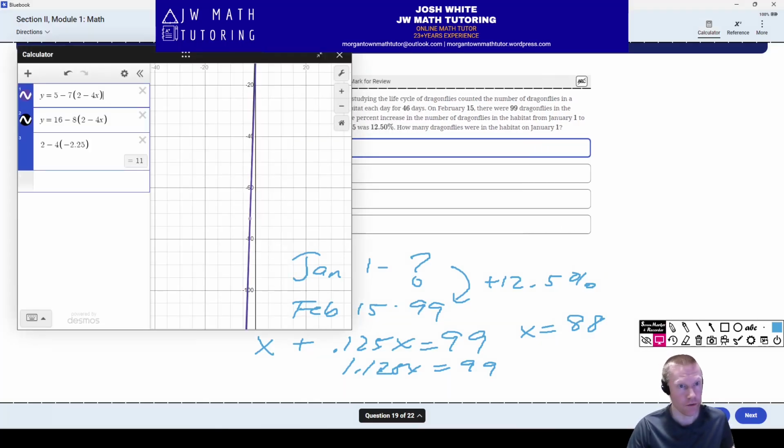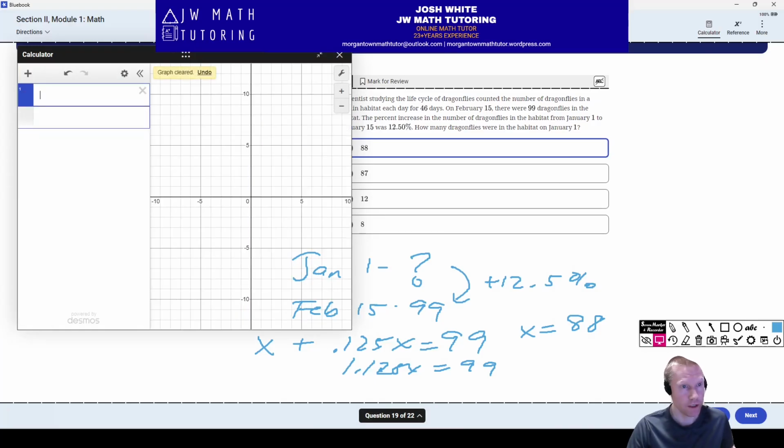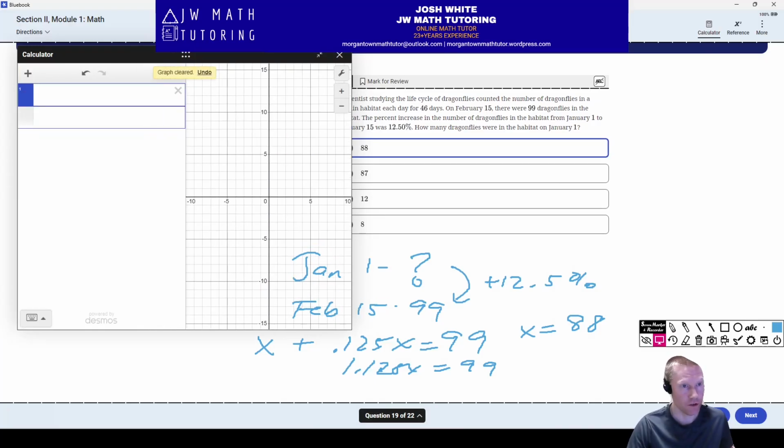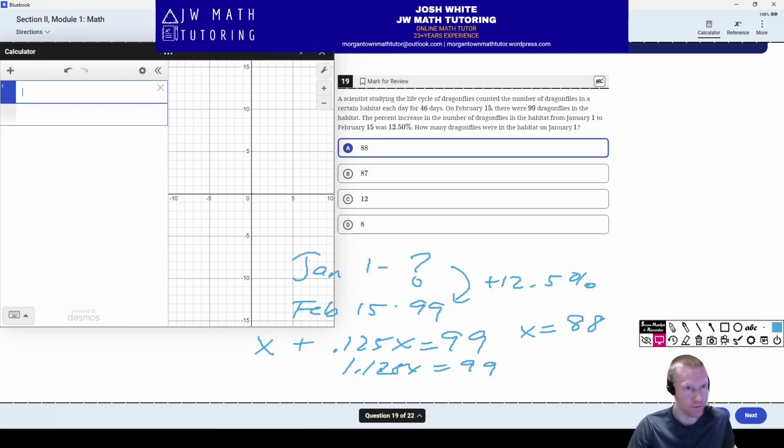But again, this is another case where I think it is much quicker and easier just to go straight to Desmos, because you can type everything in basically one line. So you could start with the answer choice: 88 plus 12.5% of 88. And right there, it gives you 99. Does that match? Yes, it does.